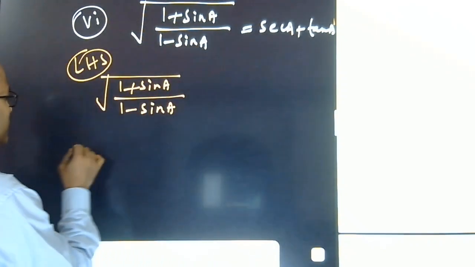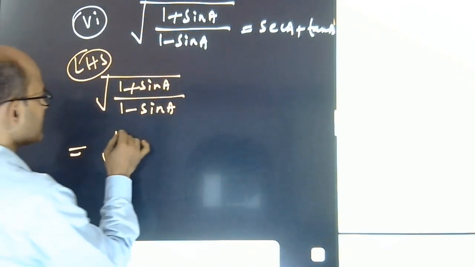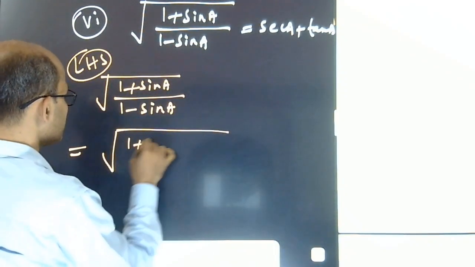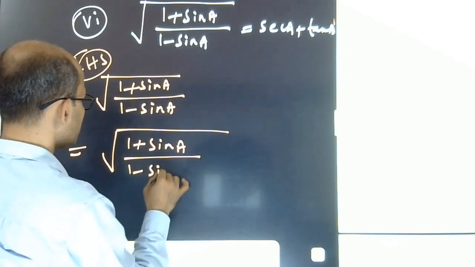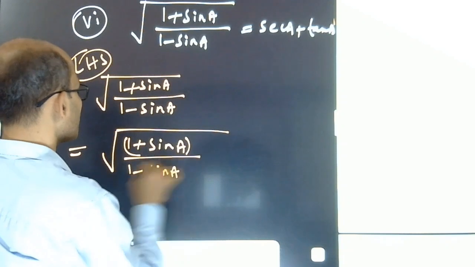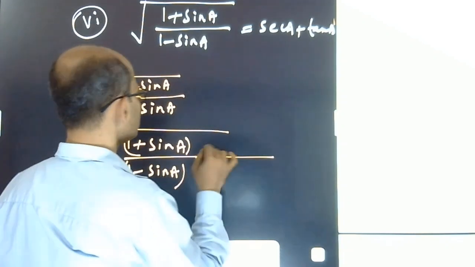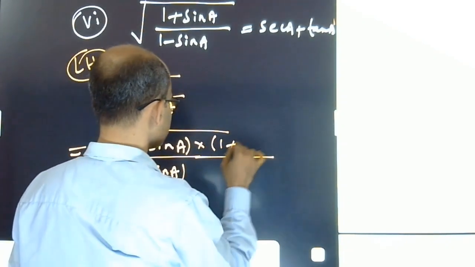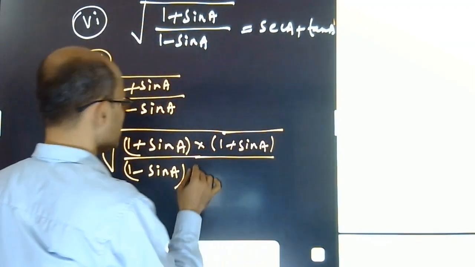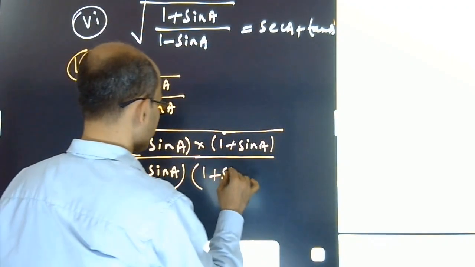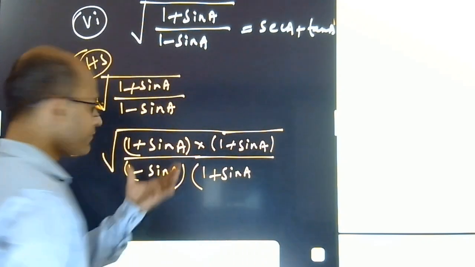So we can see that we are required to rationalize this by writing it in this manner. This has become 1 plus sine A, and this has become 1 plus sine A again. What will happen?